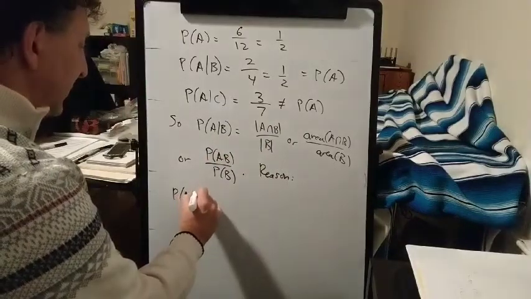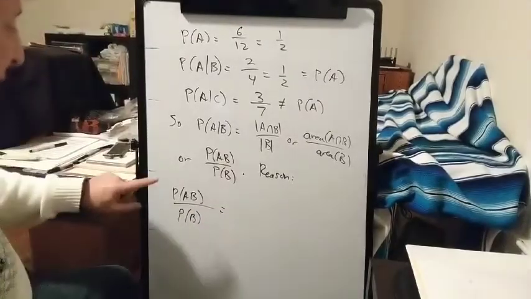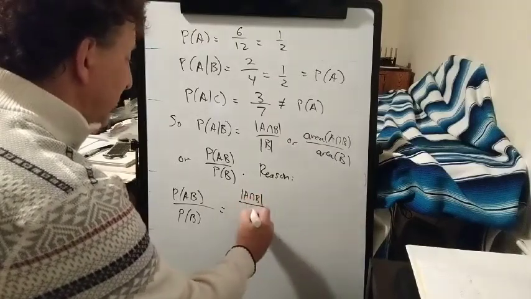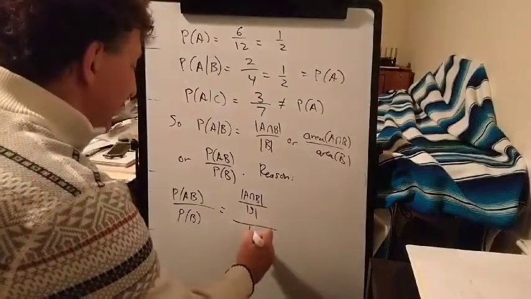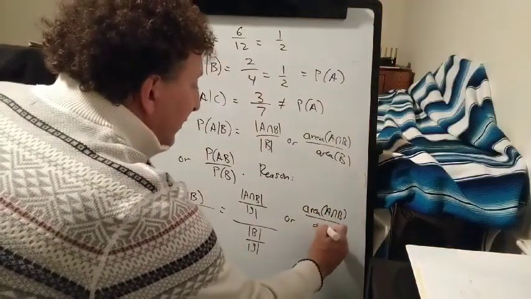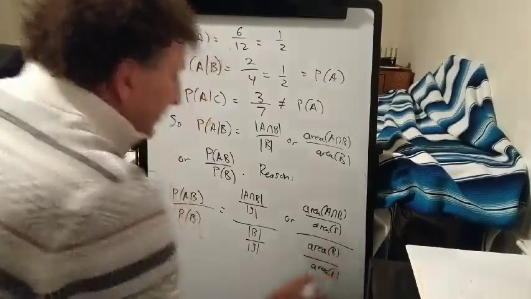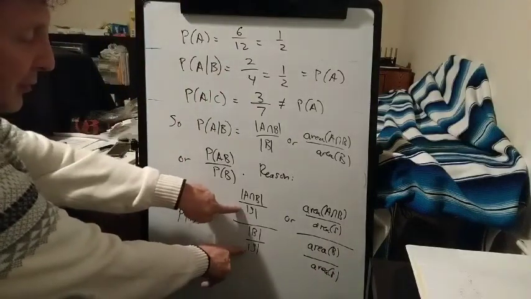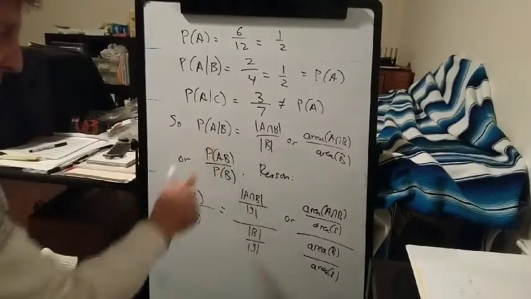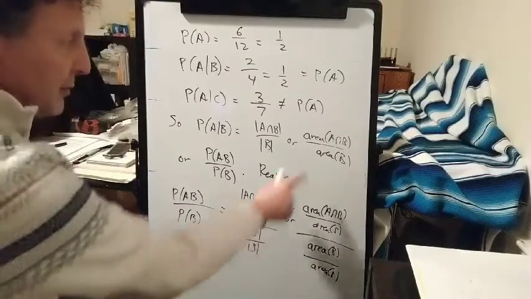The probability of AB over probability of B equals, let's see, probability of AB is either the number of elements in the intersection of A and B over number of elements in S, over number of elements in B over number of elements in S, or it's the area of A intersect B over the area of S, over the area of B divided by the area of S. So we can see that the 1 over cardinality of S here cancels, leaving us with cardinality of A intersect B over cardinality of B, which is exactly this expression for probability of A given B. And similarly, the area of S and area of S cancel, leaving us with area of A intersect B over area of B, which is exactly what we have there.